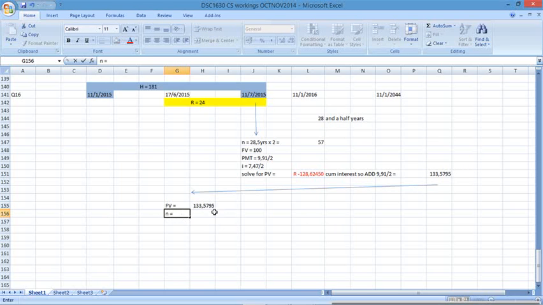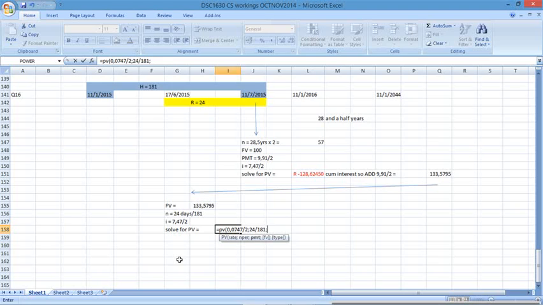N equals fractional discounting, 24 days over the 365, or no, over the 181, because this is half years. And then I've got the I, solve for present value. The rate's 0.0747 divided by 2. The N here was 24 over 181.